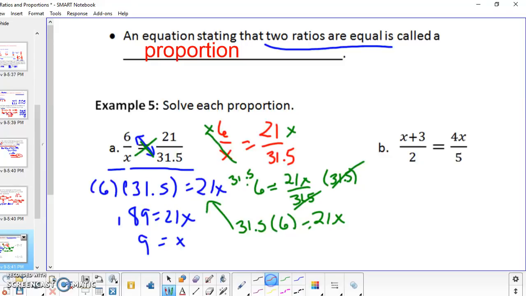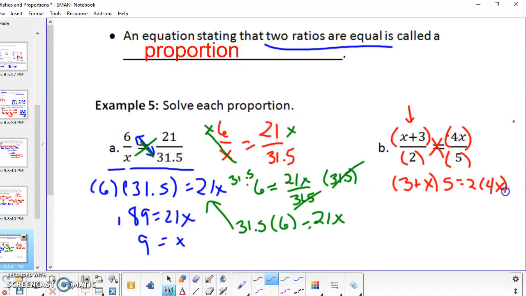If we look at the next one over here in part B, it has more than one number on each part of the term. There are implied parentheses around all of these. The implied parentheses are really only necessary when you start talking about things that have a plus sign or a minus sign in here. So this is 3 plus x times 5 equals 2 times 4x.